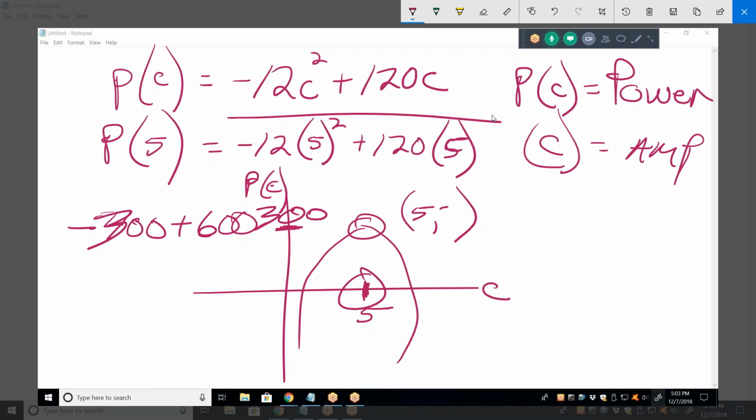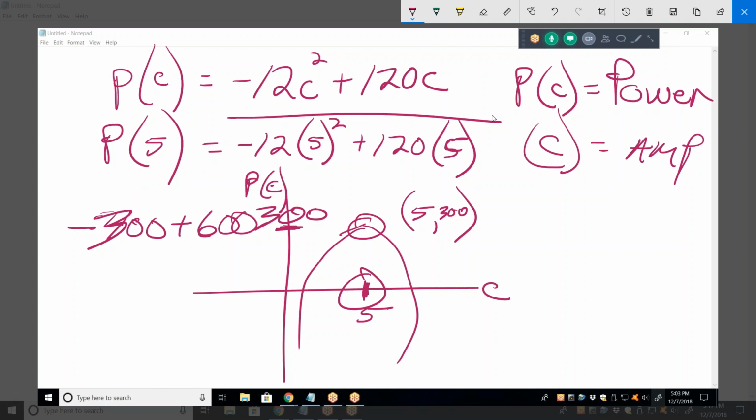So that's the amount of power generated. In other words, the vertex is at (5, 300). The maximum value of that parabola occurs when C equals 5, and that maximum value is 300.